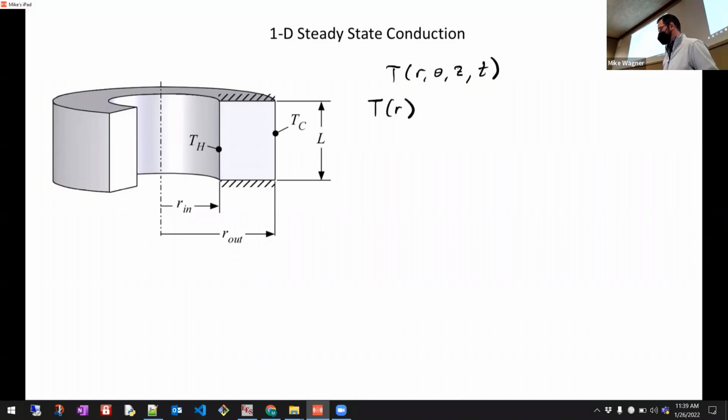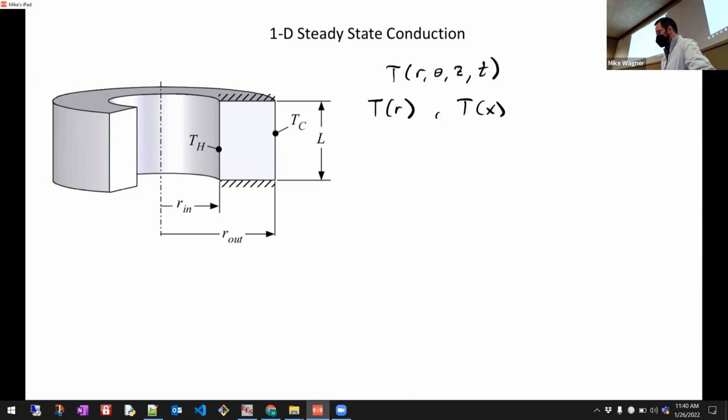So we're talking about T as a function of r, or T as a function of x, and so on. That's really what we mean by 1D. In terms of steady state, it just means that there is no internal energy change component in our analysis. We're talking about heat flowing in a domain. The problem is not changing as a function of time.